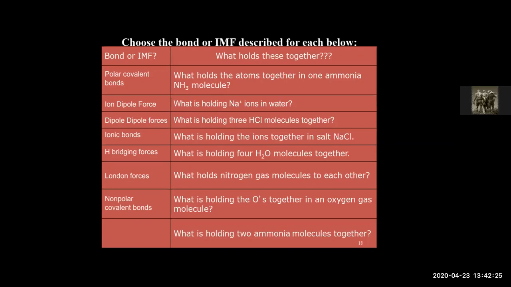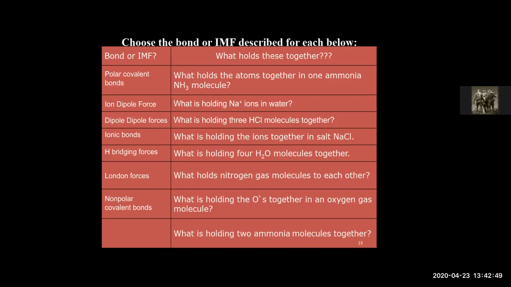And finally, the last one, what is holding 2 ammonia molecules together? Again, we're dealing with other molecules of ammonia. We need to remember the formula for ammonia, which is NH3. We use that a number of times. We also know that it is polar, so polar covalent.